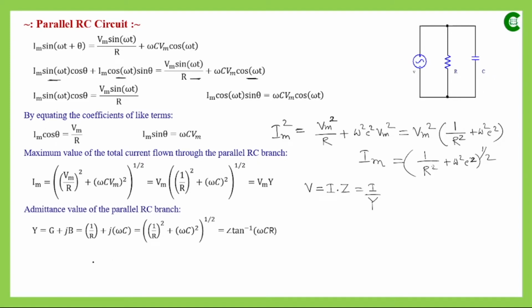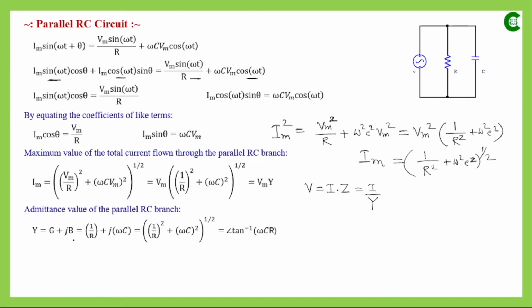So this is the expression of admittance. We know admittance is G plus jB, where G is the conductance of that RC branch. Conductance comes from the resistance part; we know conductance is the reciprocal of resistance. So G will be 1 by R plus jB, where B is the susceptance of that AC component. Here we have capacitance, so it will be capacitive susceptance.